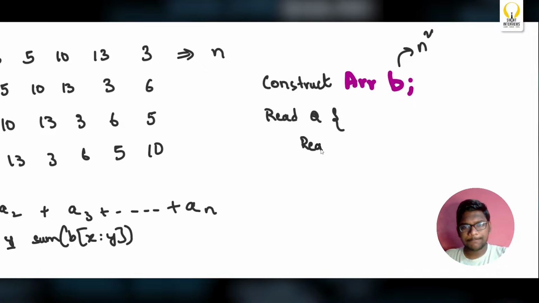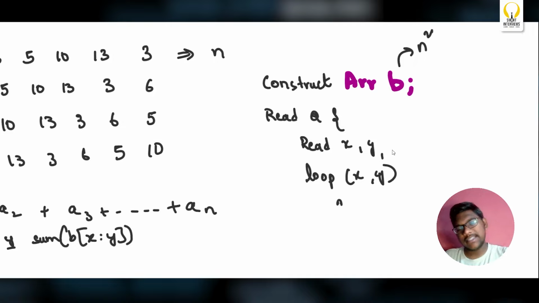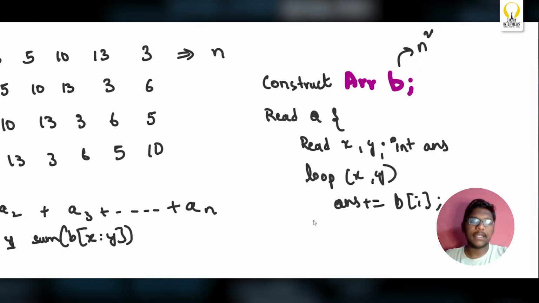You'll read some x and y, and you'll loop from x to y, and initialize some answer. Now this will come under read, and you'll consider some int answer, and then answer plus equal to some b of I, something like this.